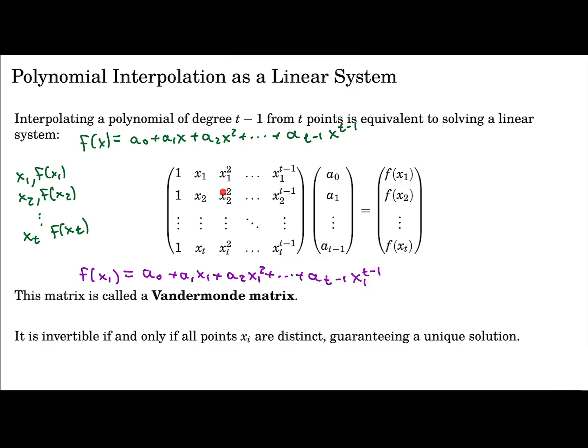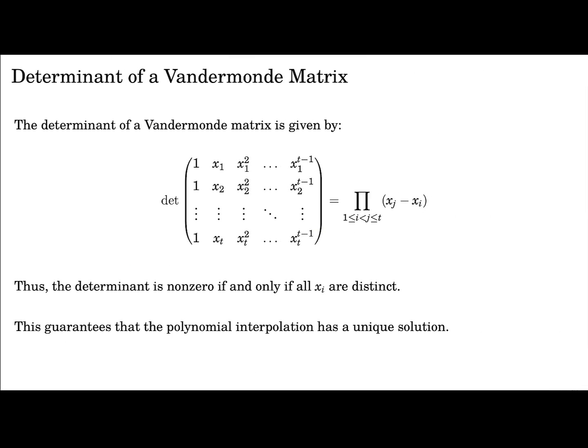And when that happens, if you invert it and multiply on the left on both sides, you can solve this and you're going to get a unique solution.